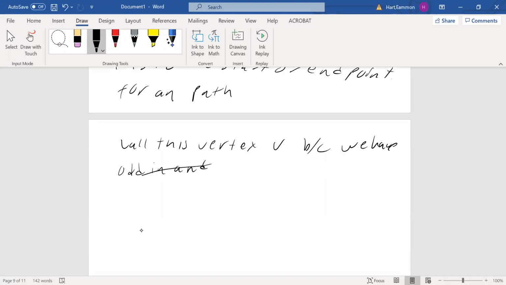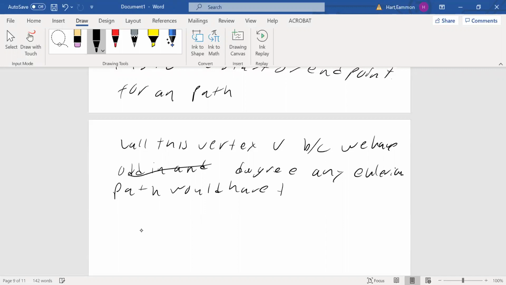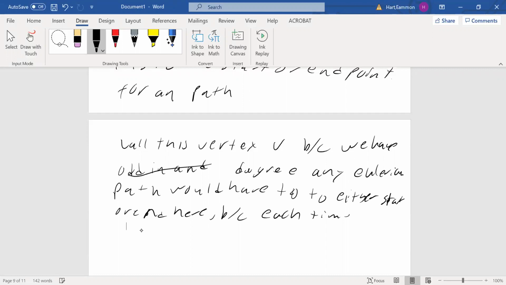We have odd degree, so any Eulerian path would have to either start or end here, because each time it goes in and out, it takes up 2 edges.